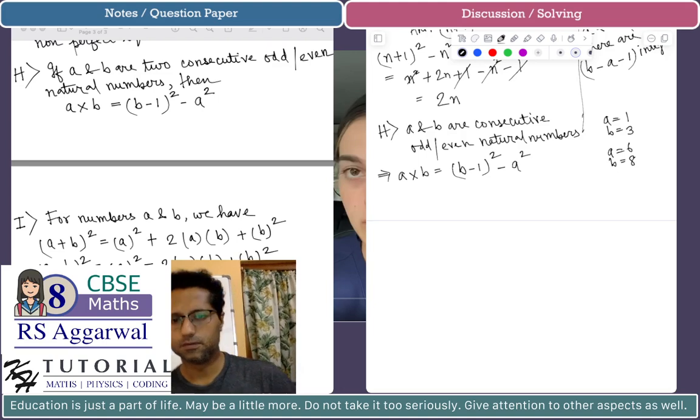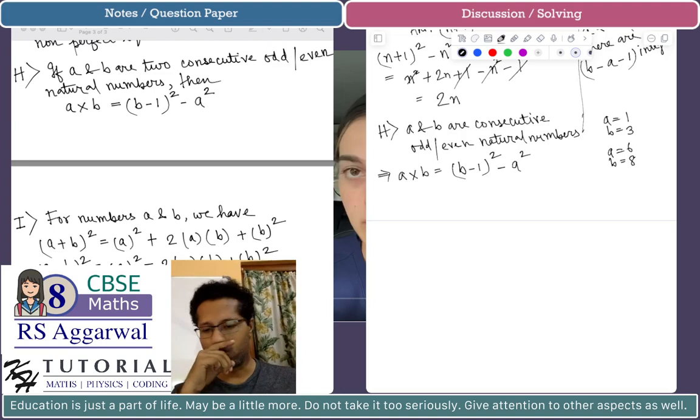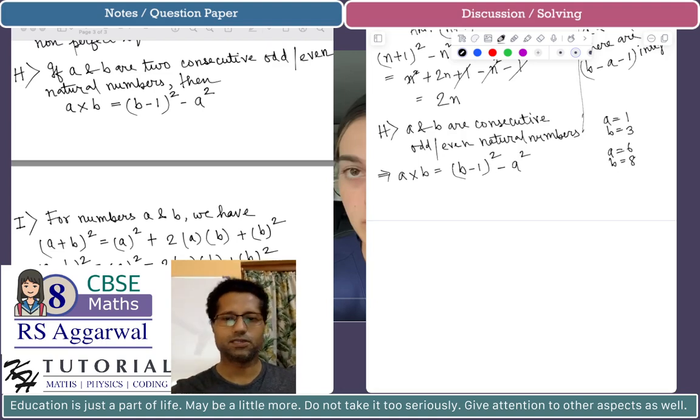This is the result. Now why is it so? Let me explain. As you can see, a and b are two consecutive odd natural numbers or even natural numbers.